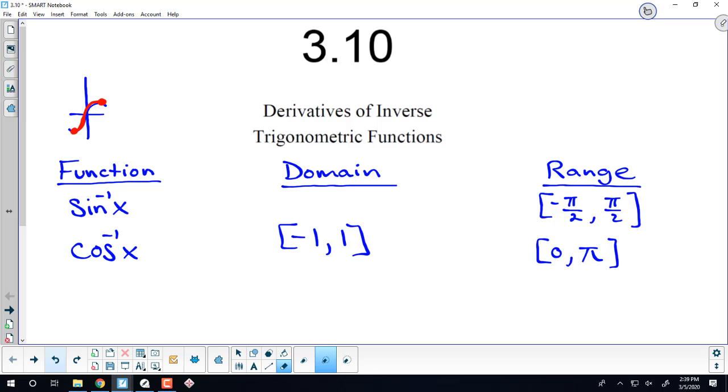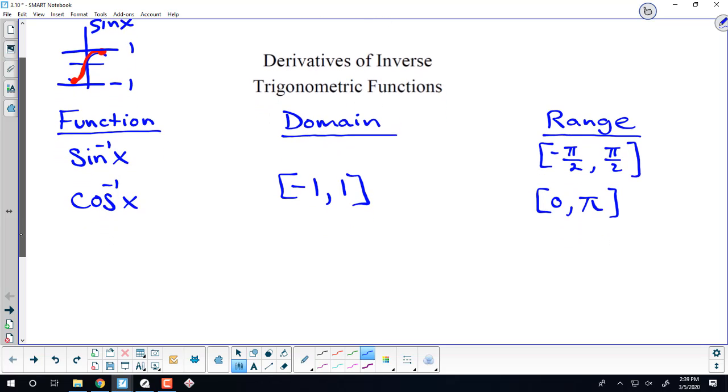And of course, sine outputs values from -1 to +1. The range of sine now becomes the domain of inverse sine. So that's kind of where all of these things came from.